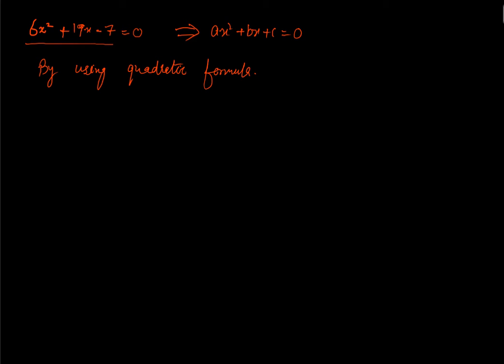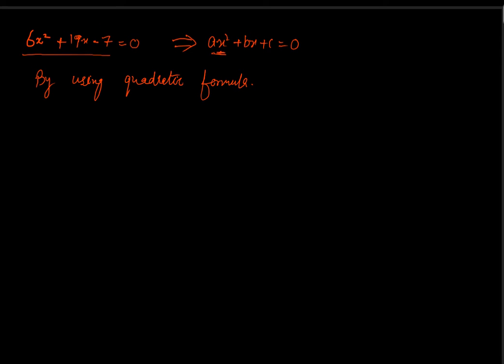When I compare, I see the coefficient of x squared is a here, and the coefficient of x squared is 6. So I can write a is equal to 6. Then I compare the coefficient of x. The coefficient of x here is 19, and here it is b.